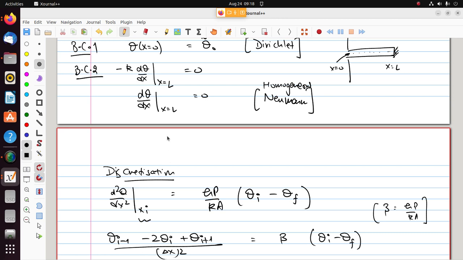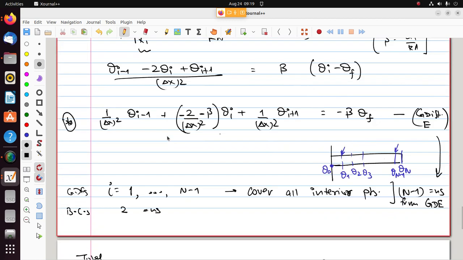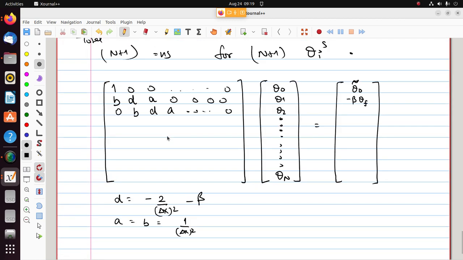So how can we discretize d theta by dx at the right boundary? Can I use center difference method here? Exactly, I cannot use center difference because there is no right point here. There is only a point theta n or xn. So I can use backward difference here.